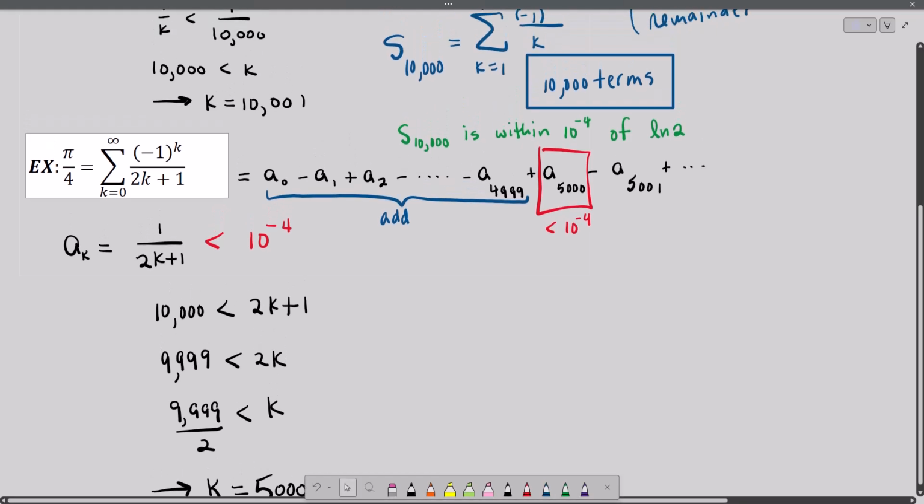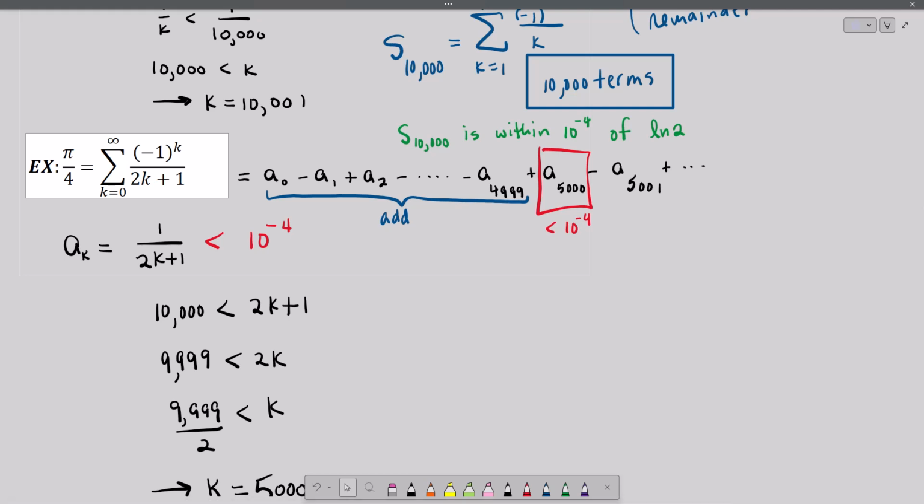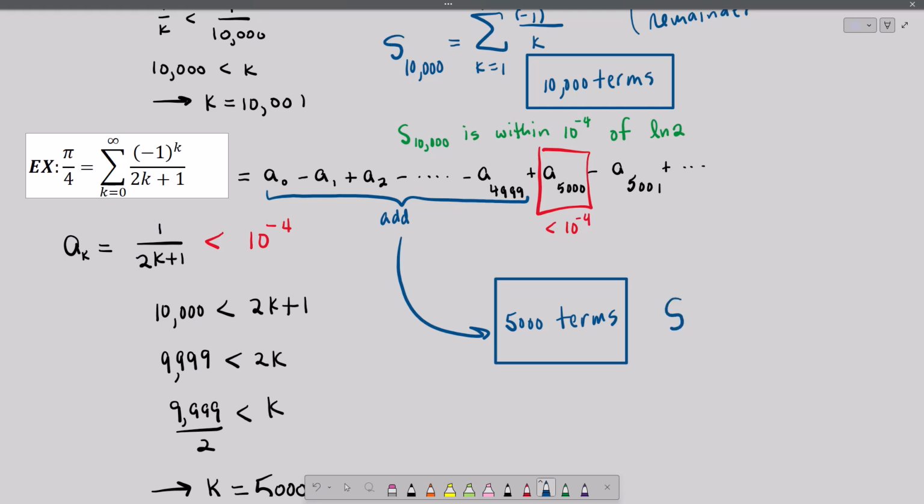As soon as we find the term that's less than the prescribed error, we add up everything in front of it. So how many terms is this? 5,000 terms, because this started at 0 and ended at 4,999. So this is S sub 5,000.